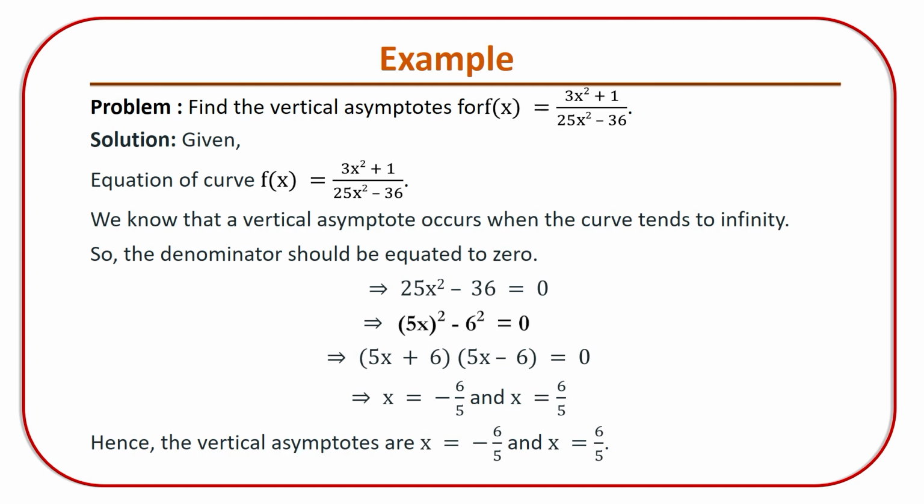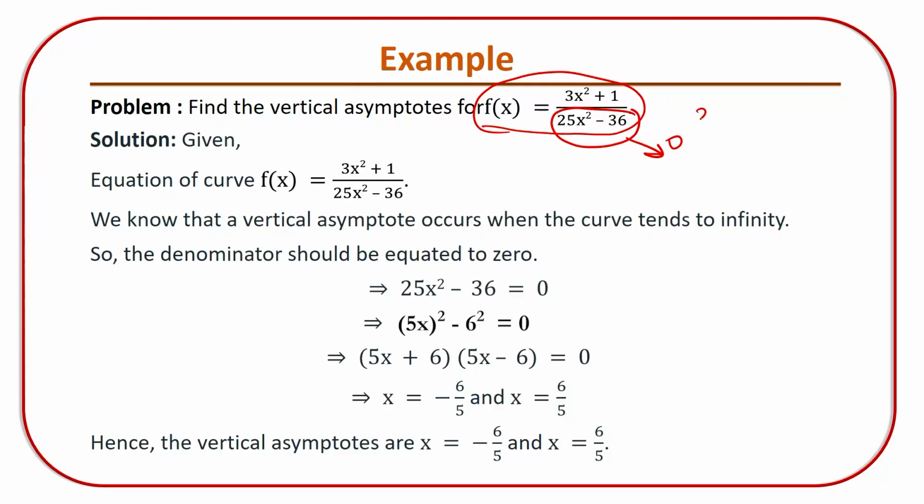Similarly, find the vertical asymptotes for the function f(x) equal to 3x square plus 1 divided by 25x square minus 36. So what I have to do is make this denominator tend to 0. That's our first step, and that's our most critical point. And try to resolve this x in terms of straight lines. So what I will have here is 25x square minus 36 equal to 0.